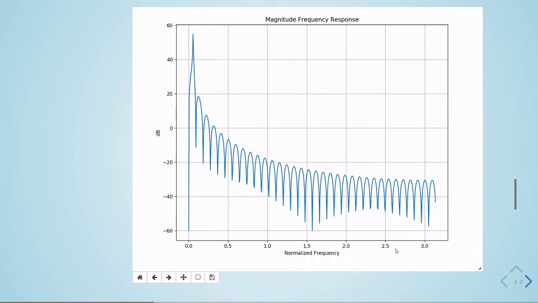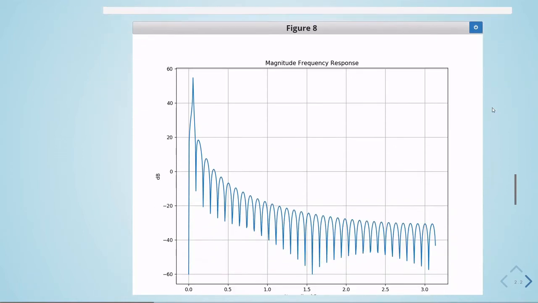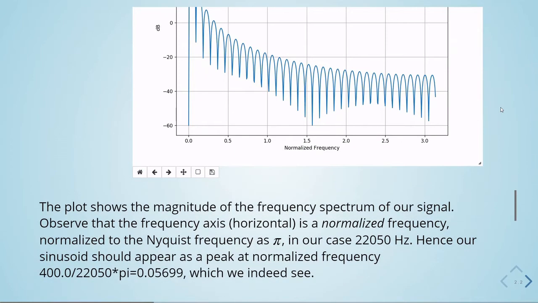This is the normalized frequency, and this is the magnitude in dB. We're using freqz to get the frequency response of our signal. This plot shows the magnitude of the frequency spectrum of our signal, and we can observe that this is normalized frequency.